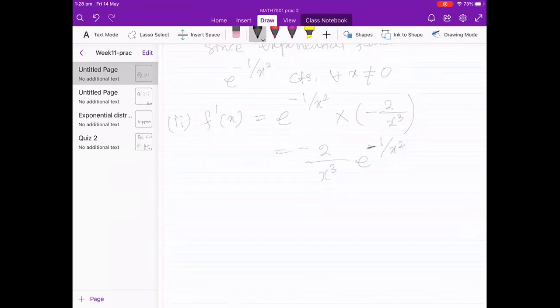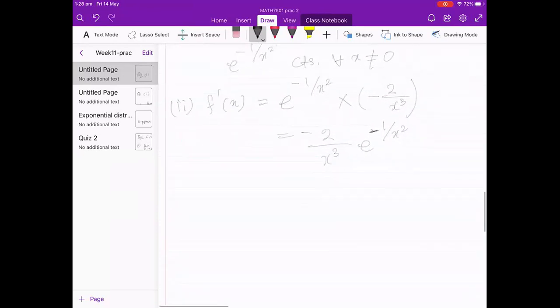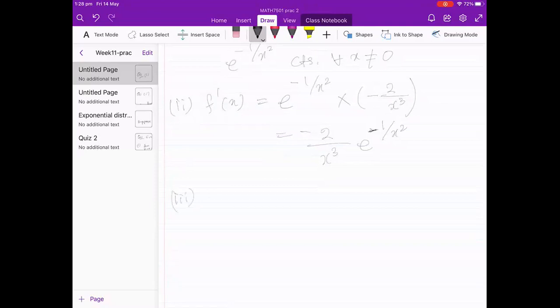Next part is show that f is continuous at the point x equals 0. How would you do that? We did discuss something like this last week. This is continuity at a point. So what do you need to check?